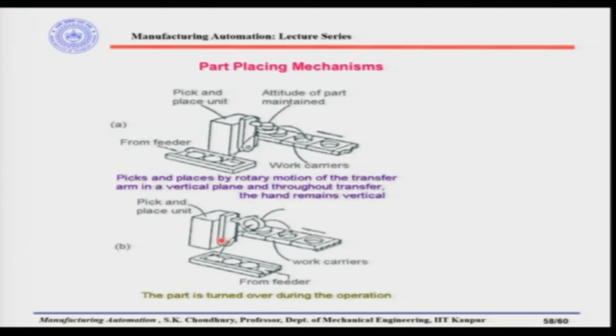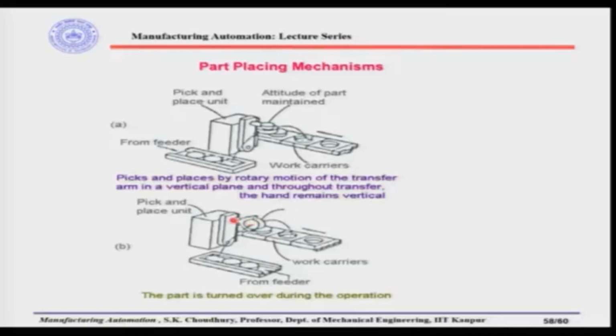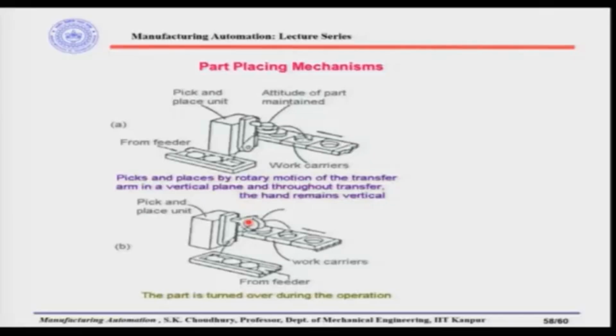It can swivel around this point, and this arm can also swivel about this axis, all right. So, if the part is taken from the feeder in one orientation, it can turn the part and put the part in another orientation. So, it is taking it like this and putting it in this way. This is the idea of this part placing mechanism.